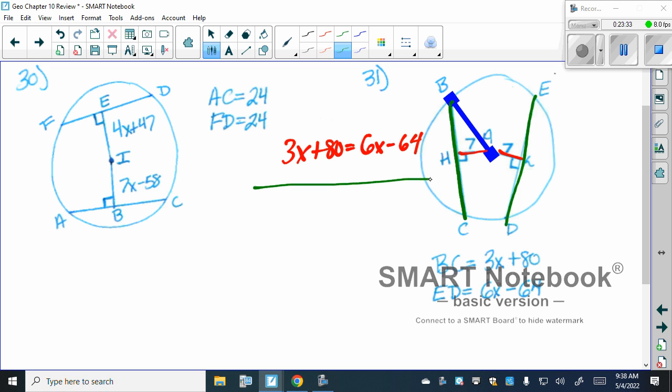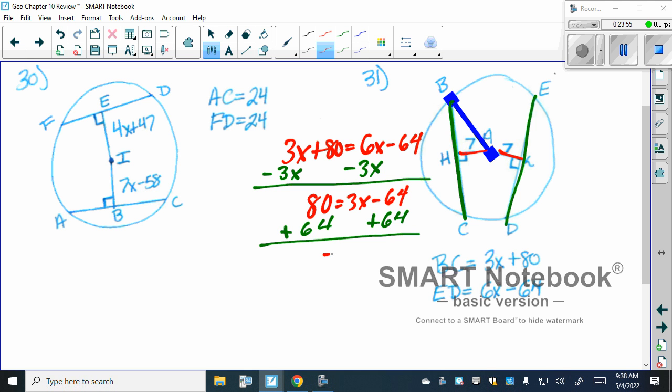So what can we do first? Which will tell us that 80 is equal to minus 64. You can add 64 to both sides. And it would be really nice if whatever this is divisible by 3. Because that'd be 4, 144.